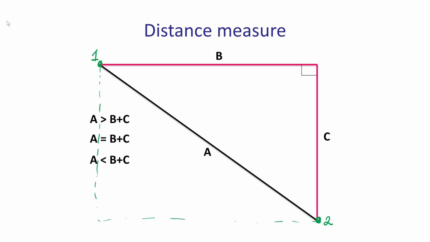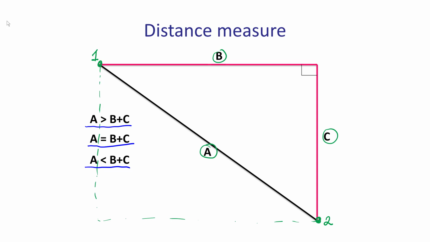And the question is if we should go straight by the trajectory A, or we should go around using B and then C. In other words, we are asking a simple mathematical question. Is A larger than B plus C? Is that the same? Or is A basically shorter than distance B plus C?